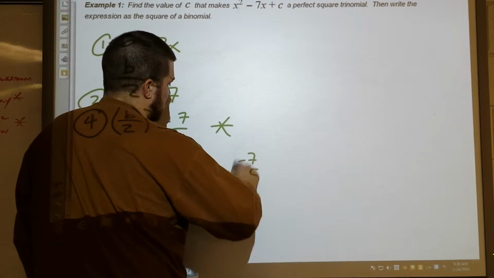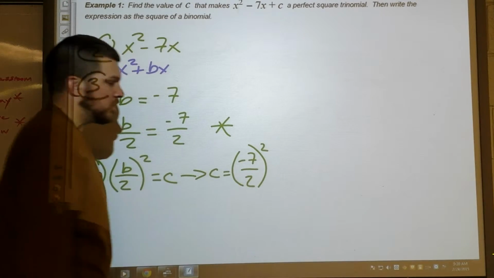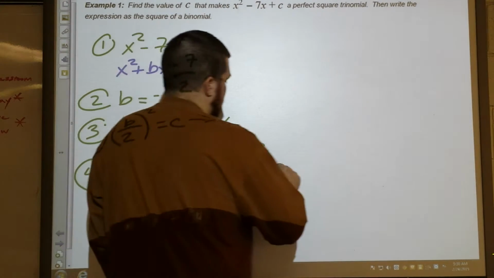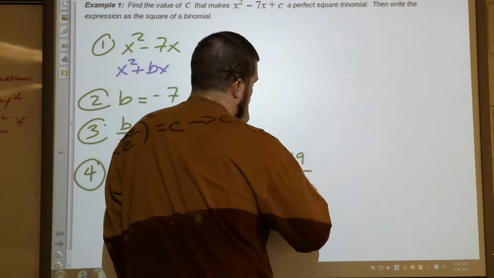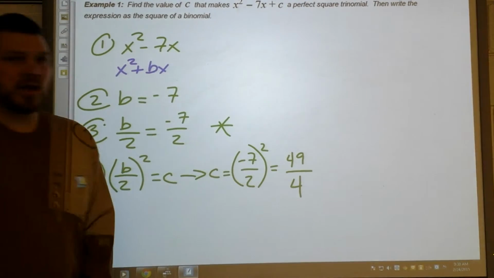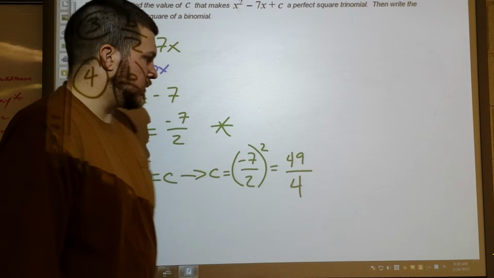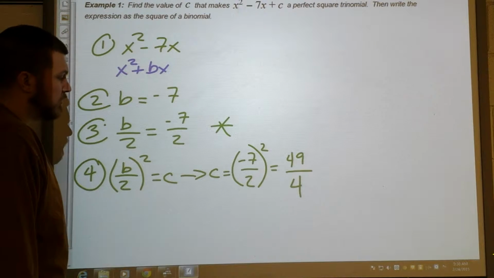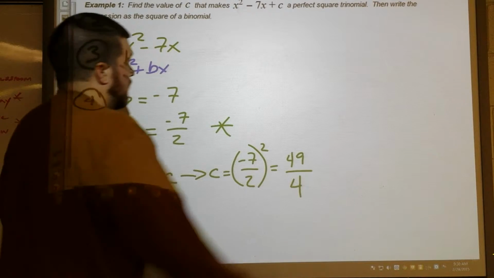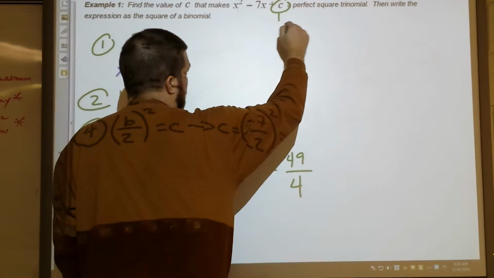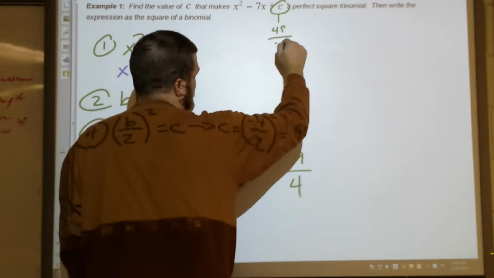So c equals negative 7 divided by 2, that whole thing squared. And what we get then is 49 over 4. If you can't do negative 7 over 2 squared in your head like I can, that's okay, just use your calculator. But it is 49 over 4. So c, that first part of the problem right here, was 49 over 4.